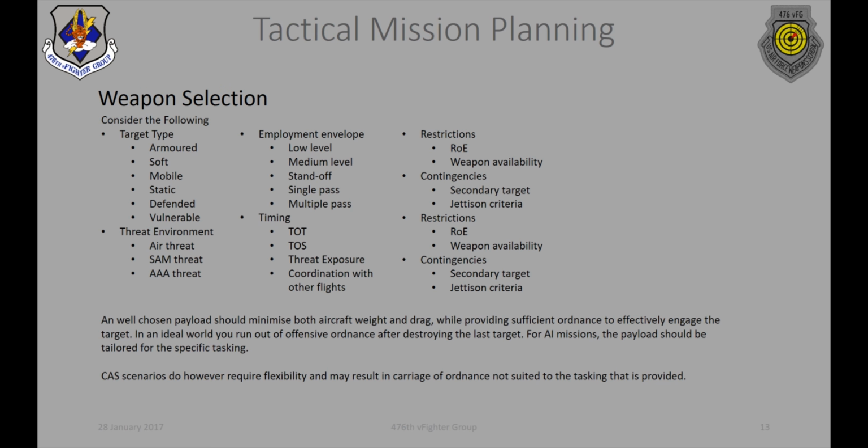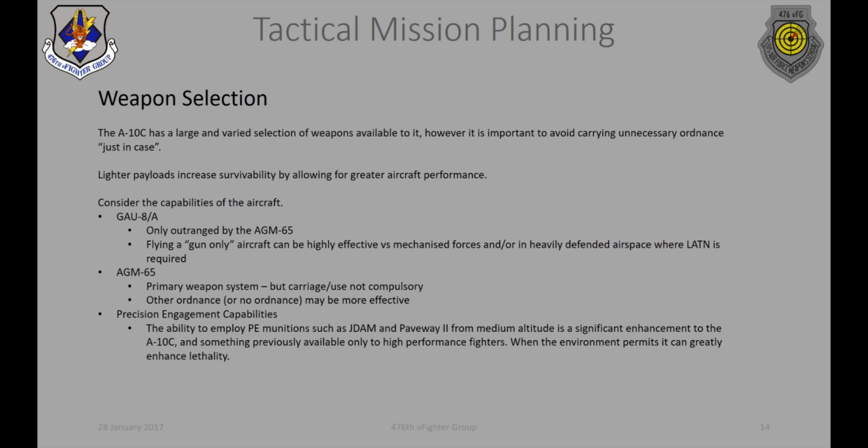Effectively engage. That doesn't mean wipe out 100% of the vehicles that are down there, because that may not be effective. That may be what you're tasked to do, but equally, in most cases, if you take half or two thirds of an enemy group out, it ain't going to be much use in combat anymore. You've done your job. So if you've got 10 units, you take out 7. There's no point in putting yourself in harm's way for an extra 5 minutes to take out the last 3.